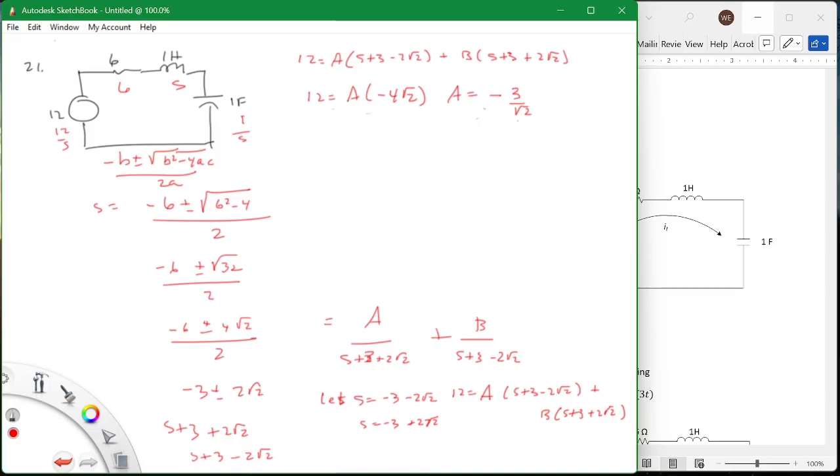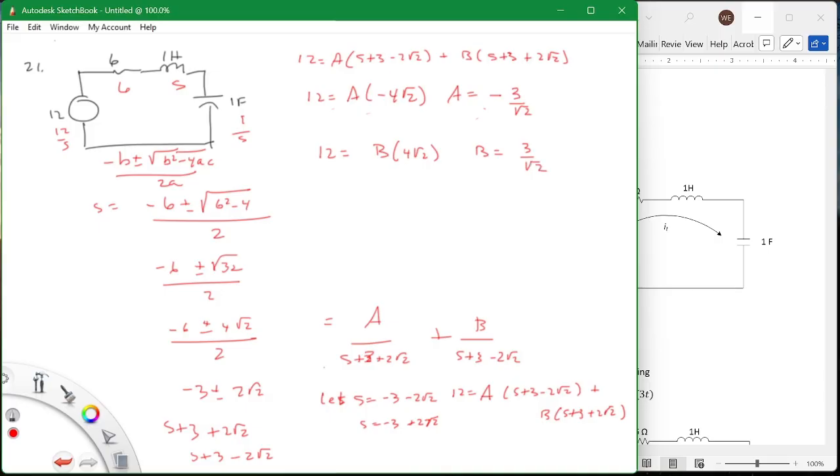All right? Or minus 3 halves square root of 2. It's either way. It's up to you. B is now equal, 12 is equal to B times, it's going to be the exact opposite, 4 square root of 2, or B is equal to plus 3 over square root of 2.